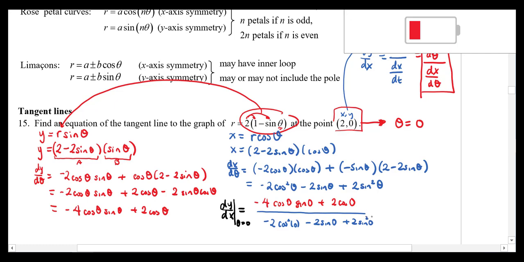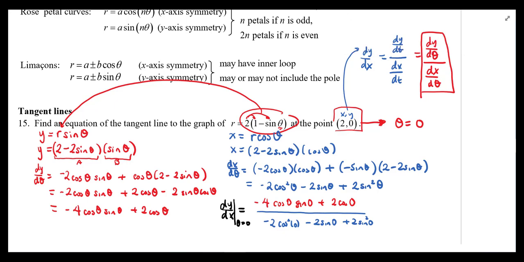And we're going to evaluate. Hopefully you can evaluate. I think I get 0, 0, cosine 0 is 1, so I get 2 on the top. And then 0, 0, cosine 0 is 1, so negative 2 on the bottom. Oh, look at this. My slope value is negative 1.